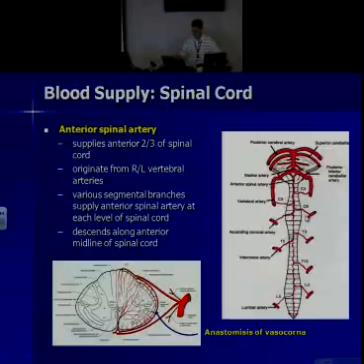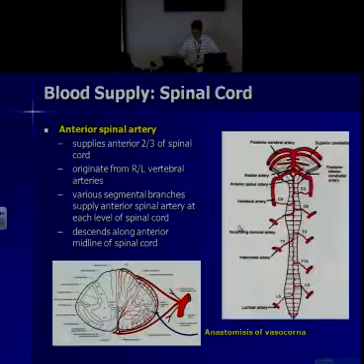In other words, you have a supply here, supply here, supply here, discontinuation here. So again, the artist renditions give you this impression there's a single hose running up and down. To some degree that's true, but there's little variations in between. So we'll start with the anterior spinal artery.